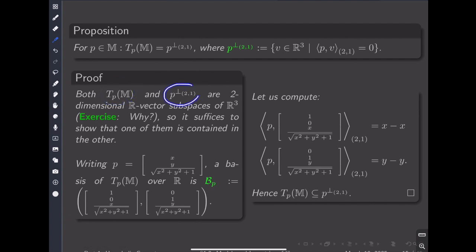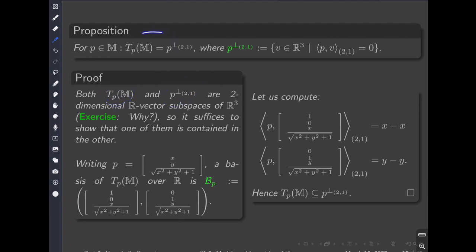Why is this two-dimensional? It's not three-dimensional because the form is non-degenerate, so it's at most two-dimensional. But why can't it be one-dimensional and so on? Well, because it's the kernel of a certain map, so it has to have dimension 2.